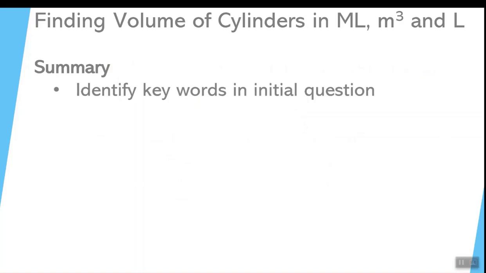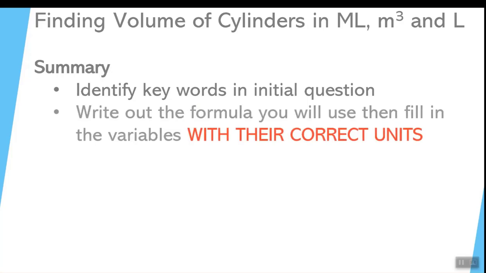Key things. Identify your keywords, write in the initial question, underline them. Write out the formula, not just the numbers, but the actual formula, and then the next step, put in the numbers that fit into each one of the categories, whether it's diameter, whether it's height. And make sure you put the unit in with each one of the numbers.